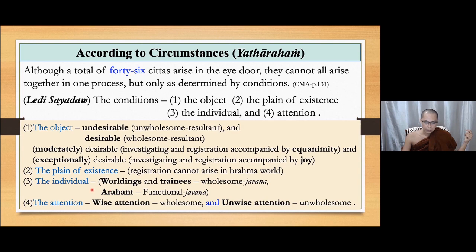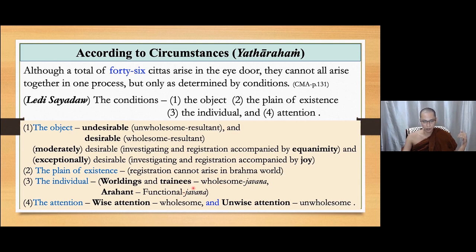Then the individual. The difference related to the individual is between the worldling and the trainees. For the worldling and trainees, the jhana is wholesome, and sometimes it can also be unwholesome, but especially we just need to differentiate from the arahant. That is why the unwholesome is not mentioned here, but we can say it can be wholesome or unwholesome. But for the Arahant, only functional jhana.